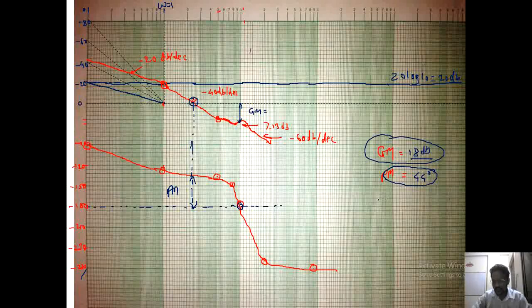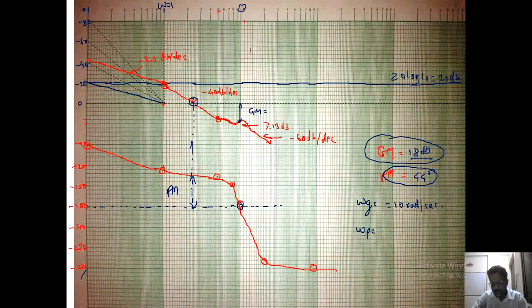Got it? One more thing, omega GC and omega PC. Omega GC is the frequency at the gain margin, so where we got the gain margin the frequency is 10 radian per second.